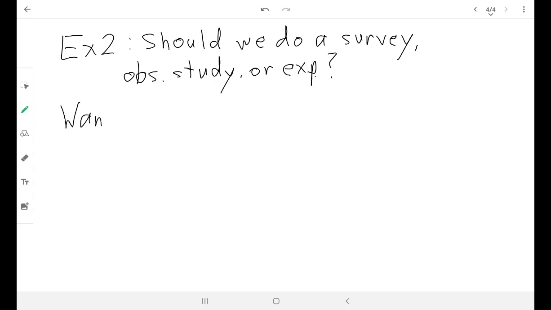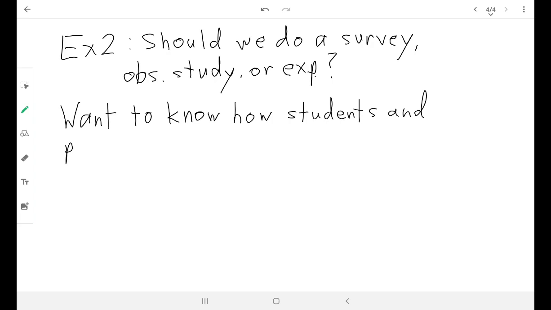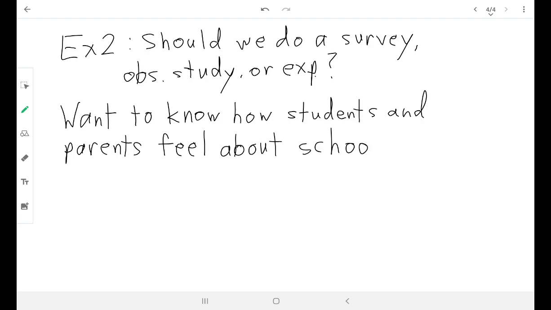Here's what we want. We want to know how students and parents feel about school uniforms.